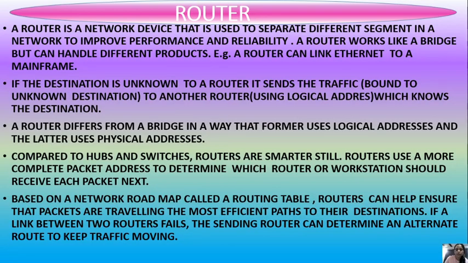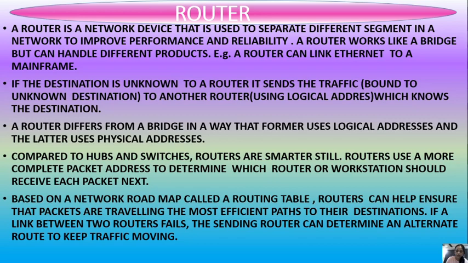Now there are some more points related to the router. As we know, it's a networking device, and it is a network layer or layer 3 device, as we have seen in the second slide, the OSI model slide.